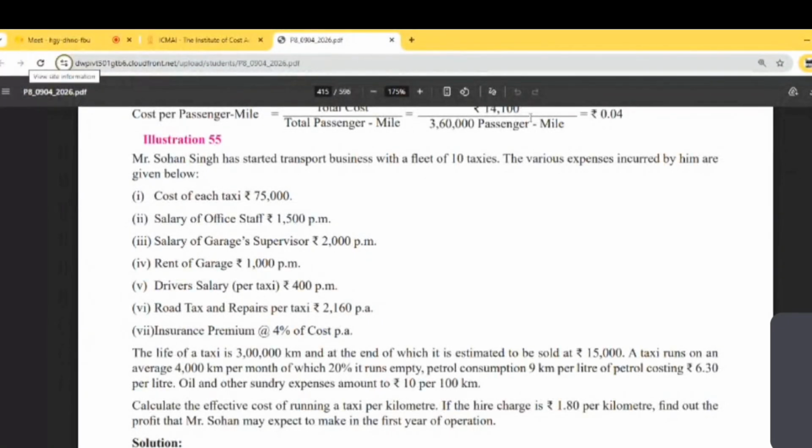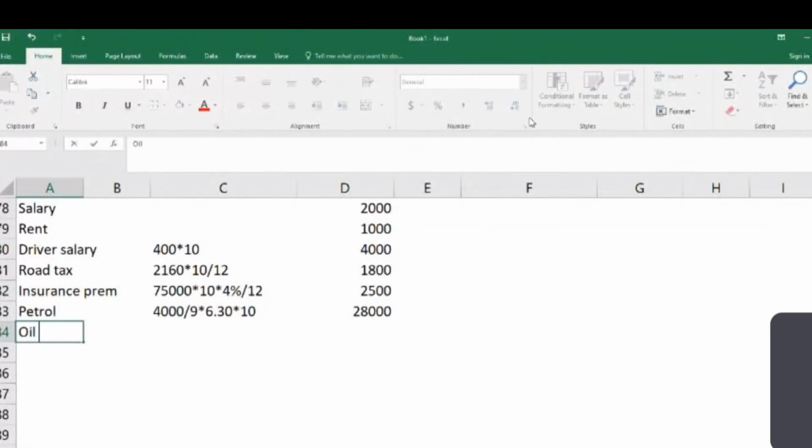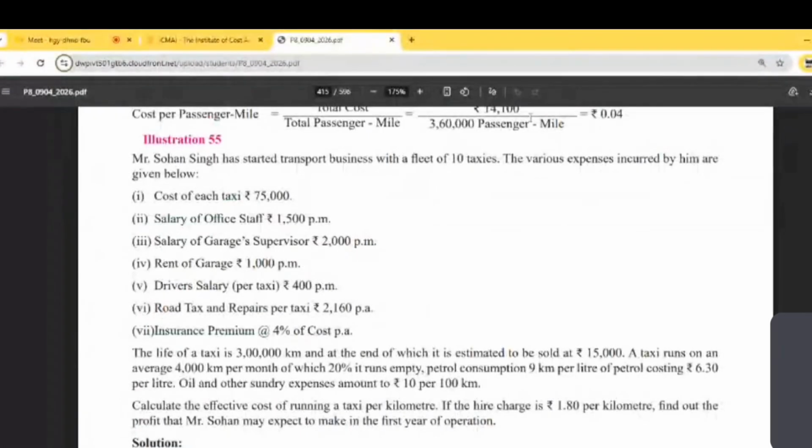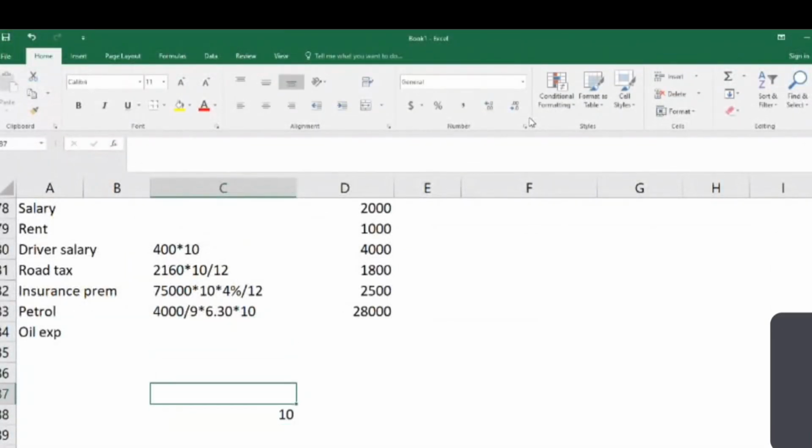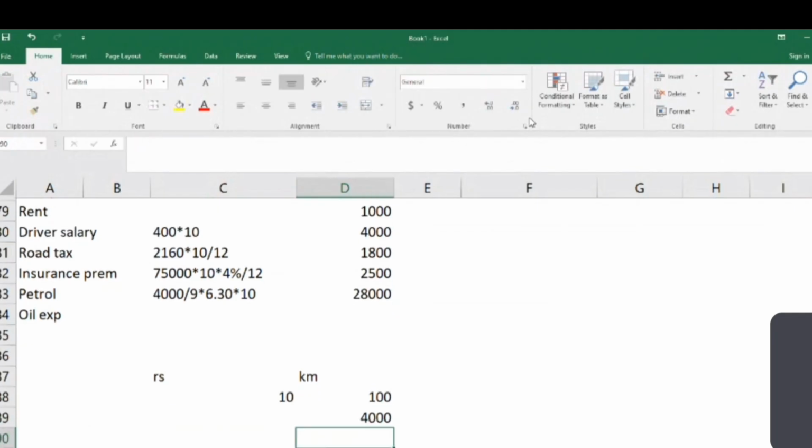Then what else is given? Oil and sundry expenses. Oil expenses, what are they given? Rupees 10 per 100 kilometers. Rupees 10 for how many kilometers? 100 kilometers. How many kilometers are you running? 4,000 kilometers.